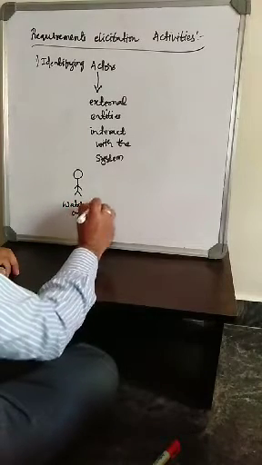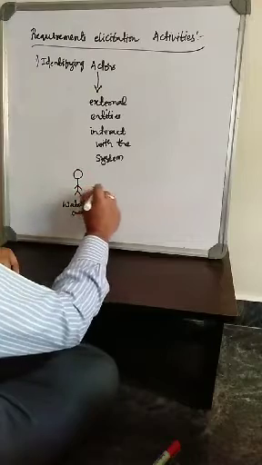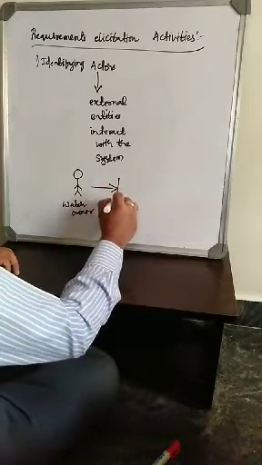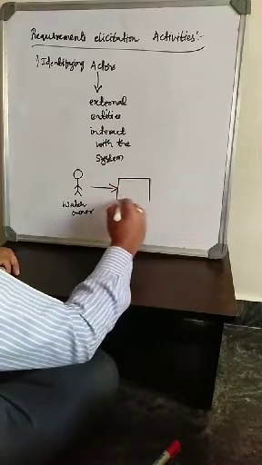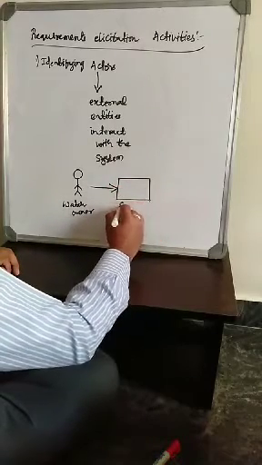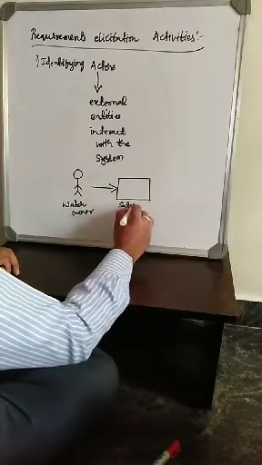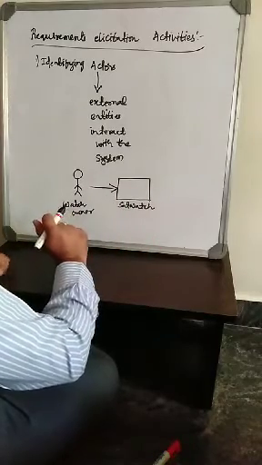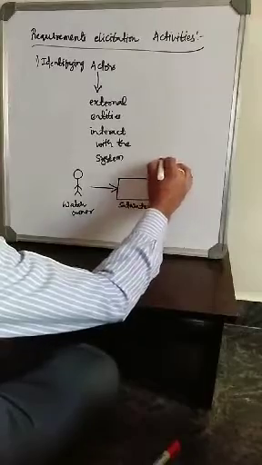So he is an actor, and he will interact with the satellite watch. This is the system, the SatWatch. This SatWatch is associated with two different entities, two different actors.